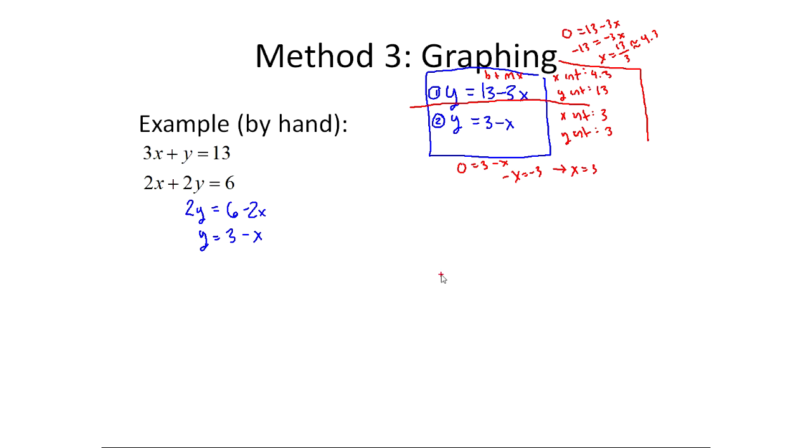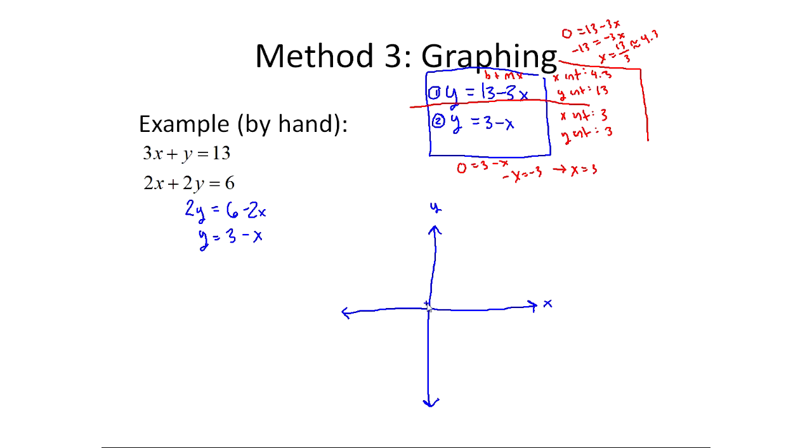Okay, so now what I can actually do is go through and start making my graph. And so what I want to do is draw the straightest line I can. It's probably a little bit easier to do on paper. So that's my y-axis. Draw the straightest line I can. And that's my x-axis. Okay, so when I decide on the scale here, we have 13 as the biggest, and that's on the y-axis.